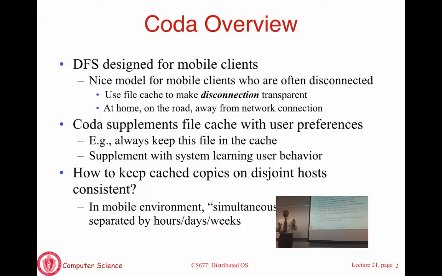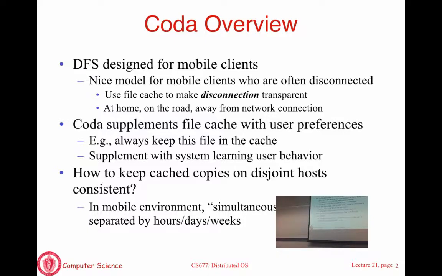Your laptop is no longer connected to the network. Maybe you go from the department to home, and while you are traveling between the office and your home, you are not connected to the network. Maybe you go on a plane ride and don't have network connectivity. So there will often be scenarios where you are going to be disconnected from the network.